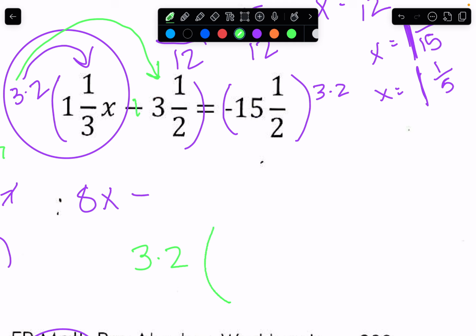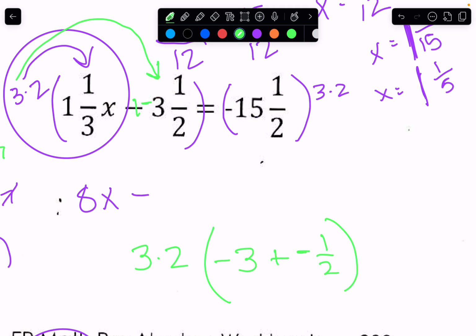Ooh, don't forget this is a negative 3.5x. Negative 3.5. Okay. So we've got negative 3 plus negative 1/2. That's going to equal negative 3.5, which is the same thing that I've got up here, right? Same thing.